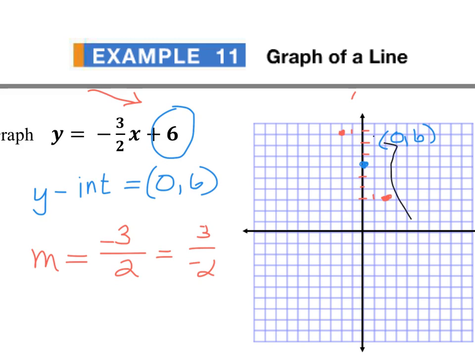And now I'll graph my line. And looks like I messed up a little bit, so let's use the eraser.